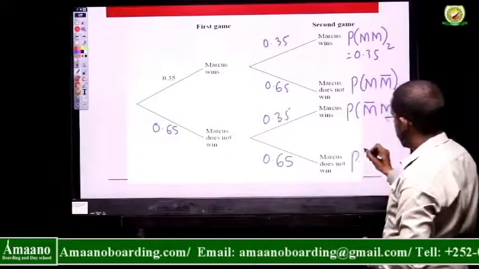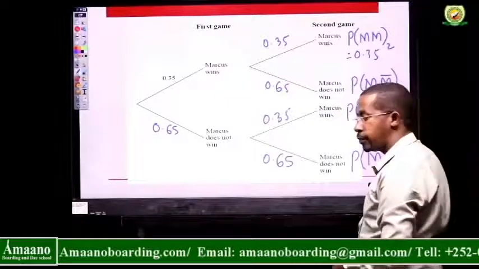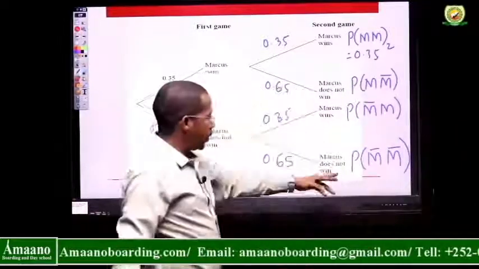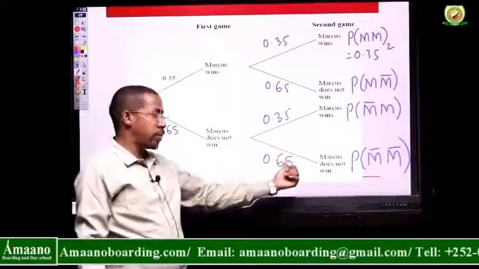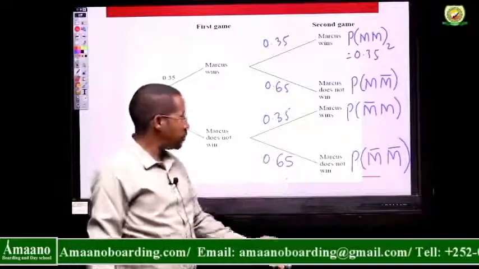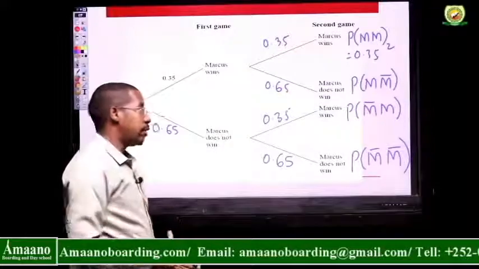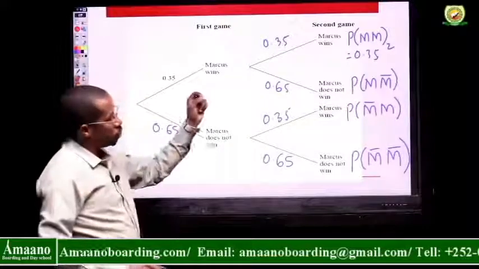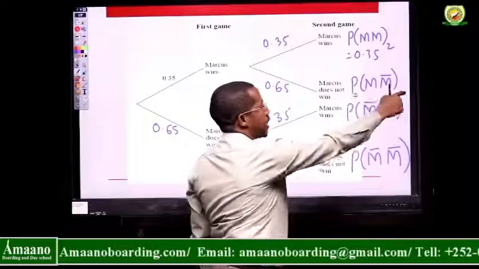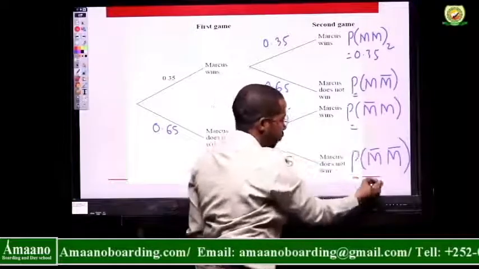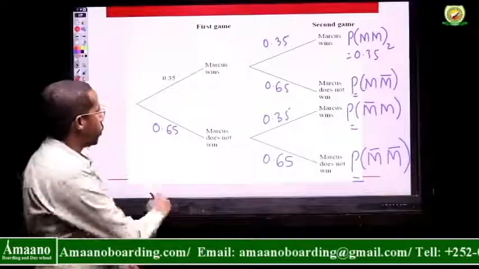And then the probability that he does not win both, you take 0.65 times 0.65, so you can get these probabilities. Definitely, you guys have to complete. I'm just giving the idea. You need to put the numbers here, the exact values of the probabilities, and then our problem will be sorted.